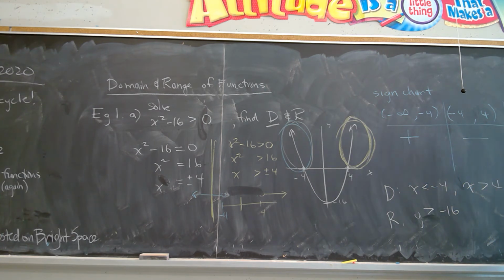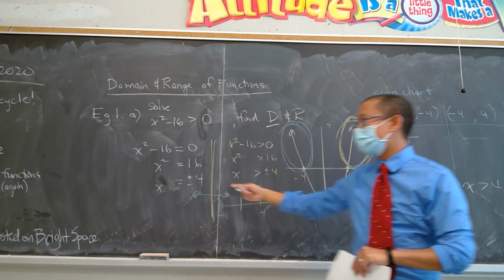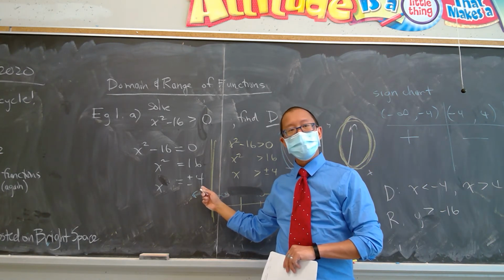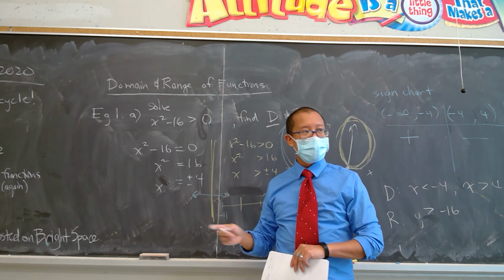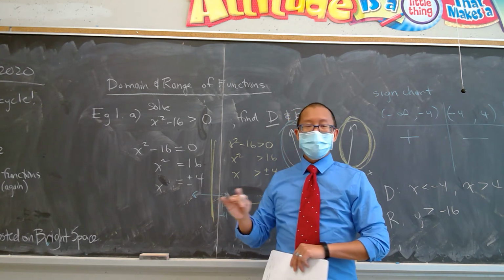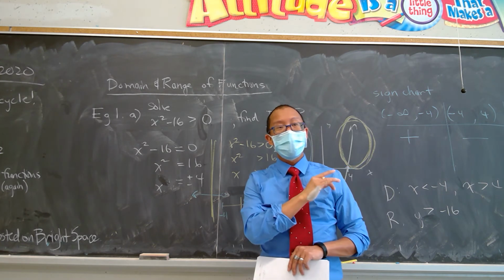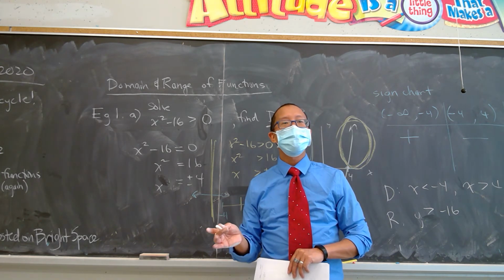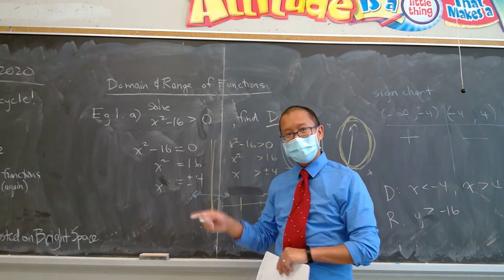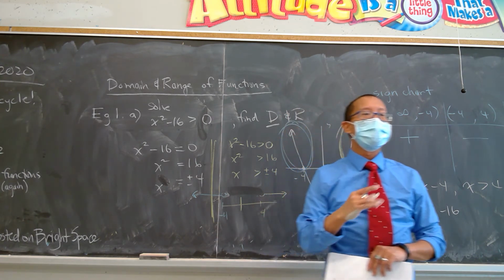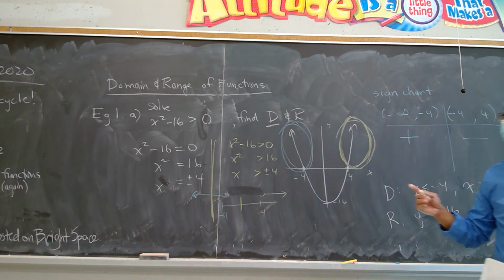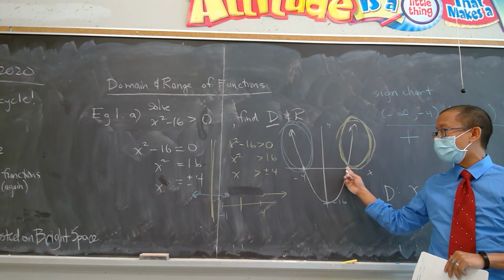Great. Can you explain the sign chart thing? So notice I got the -4 and 4, I actually solved it, right? I treated it like an equation. And so what I'm trying to share with you, ladies and gentlemen, is that unlike a table of values, we're not going to check all possible values. We're not going to try -7, -6, -5. What's interesting for us, Grace, is that we're interested in -4 and 4.